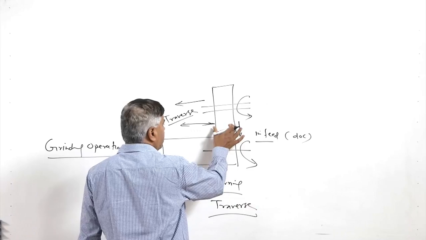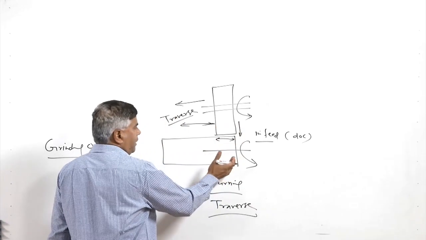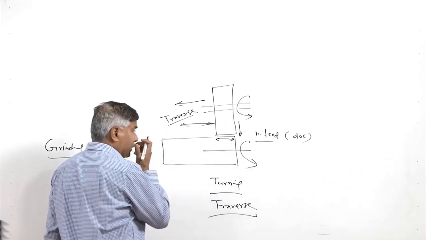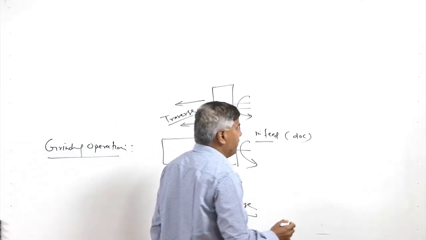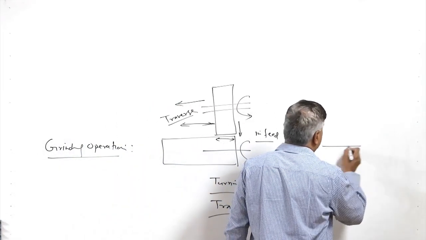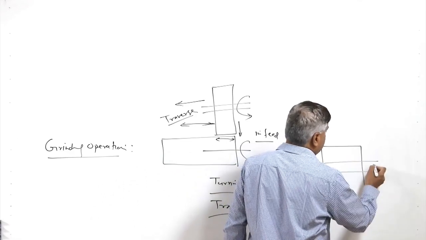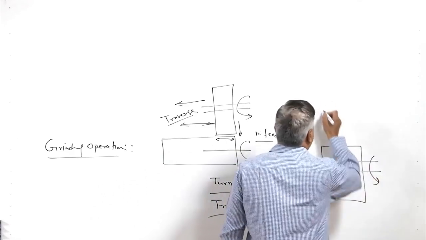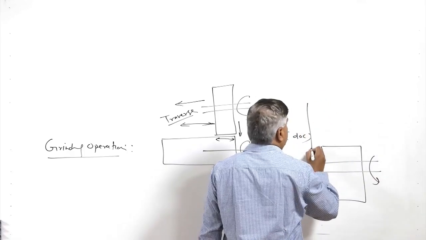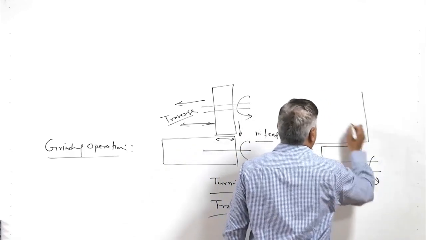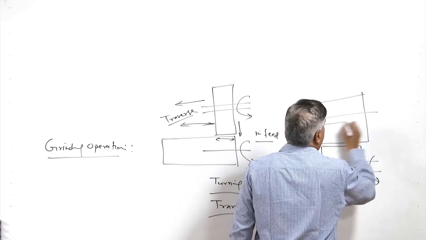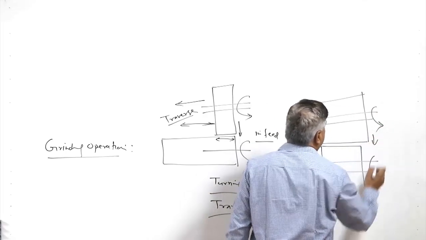Here the width of the wheel is smaller than the length of the workpiece which is to be processed. On the other hand, if the width of the wheel is bigger, say this is the workpiece, and this is the grinding wheel, the grinding wheel will be rotating, in feed will be given.